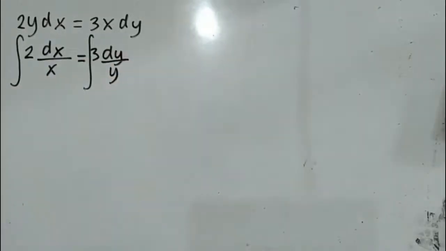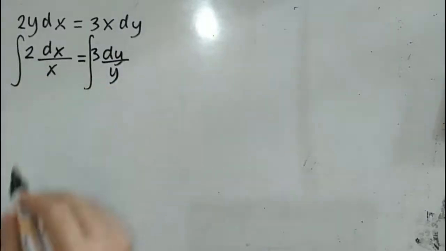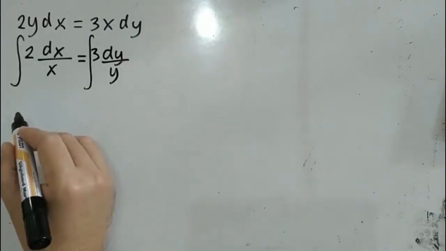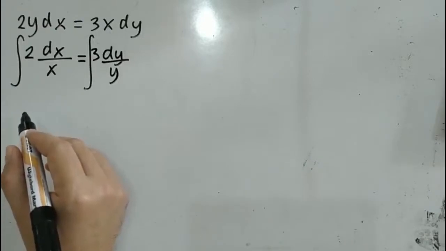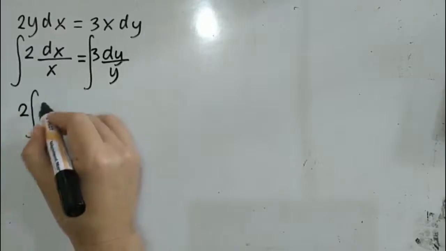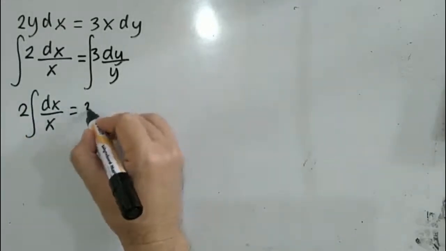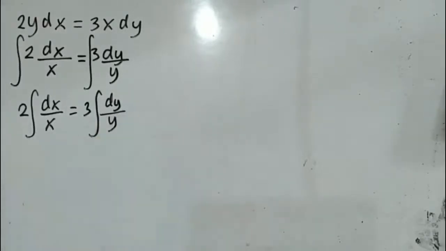Okay, we integrate, and by the constant multiple rule, the constants 2 and 3 can be placed outside the integral sign, not part of the integrand. So 2 integral of dx over x equals 3 integral of dy over y.